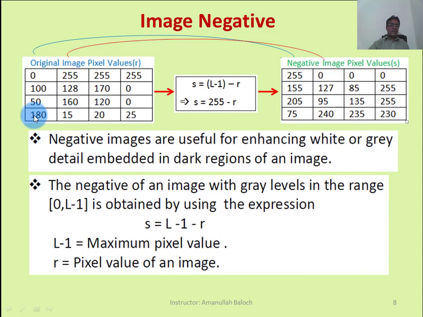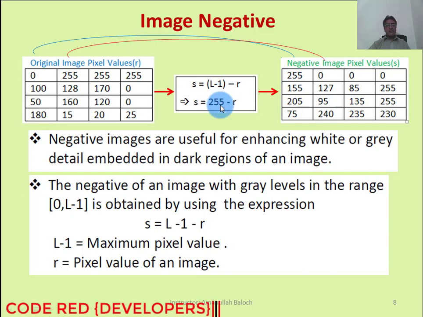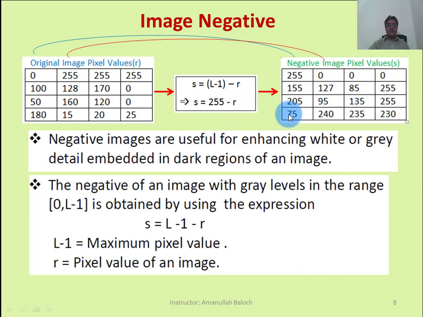You may see it here, 180. When the value of R is 180, we put 180 here, and when we subtract it from 255, it becomes 75. The target image, that is the negative image value, the first value of the fourth line becomes 75, while the first value of the first column of the original pixel values is 180.